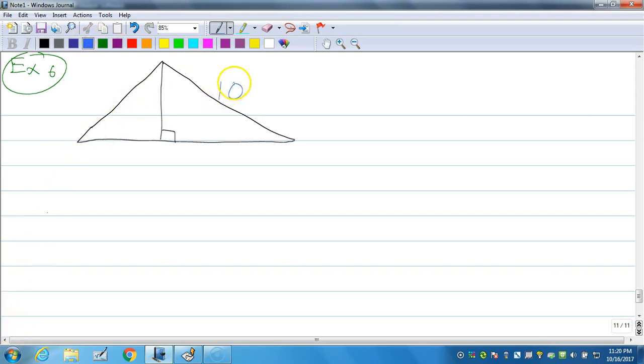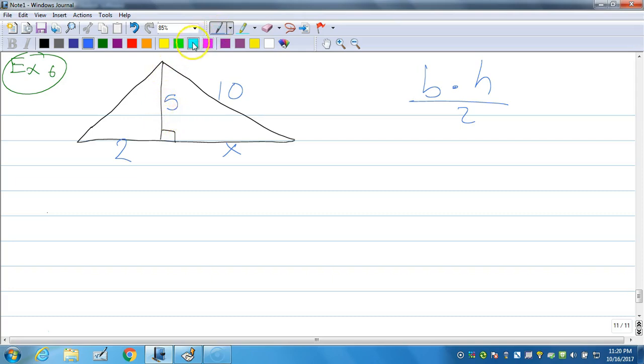Alright, so this will be 10. This will be 5. This is 2. And this is x. Find the area of the triangle. Or find the area of the whole triangle, but we can't do it yet until we have the base times the height divided by 2. We can't get the base until we find what x is.